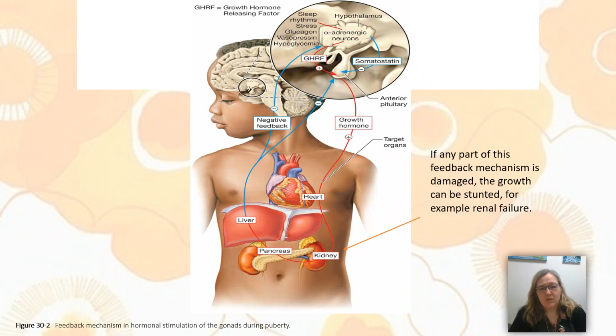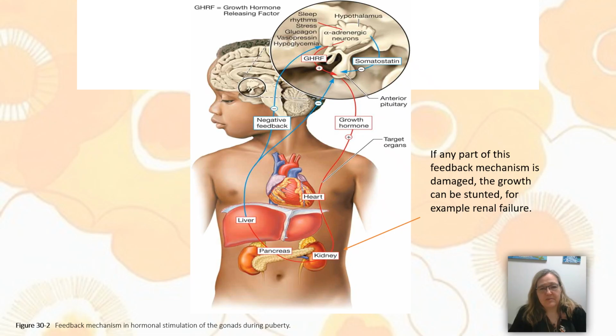And in this way, you have a precise regulation of growth. So just enough gets released to produce changes, and then they reach a certain level, and then they stop temporarily. And this goes on until the child becomes fully developed.